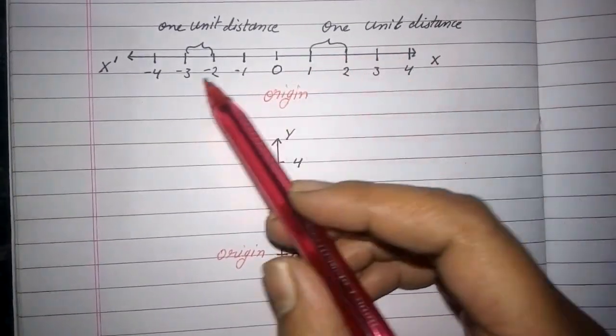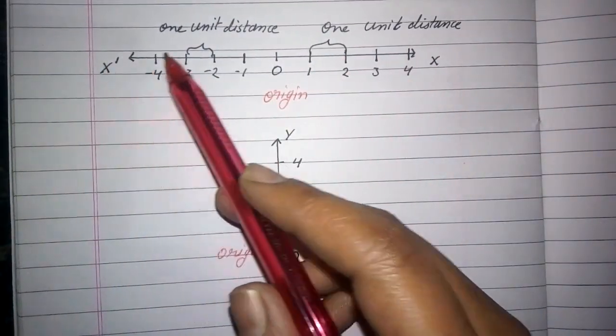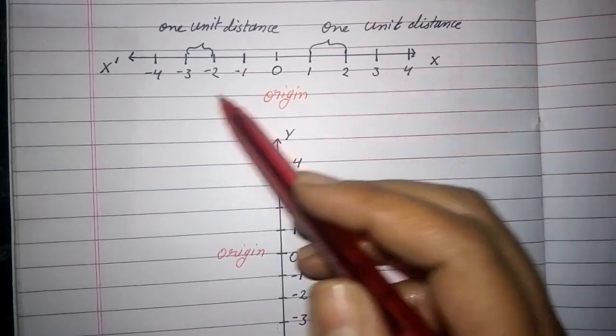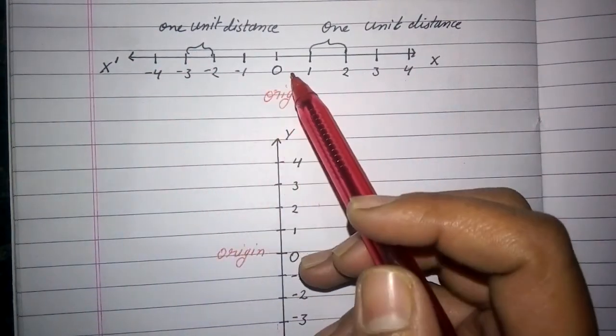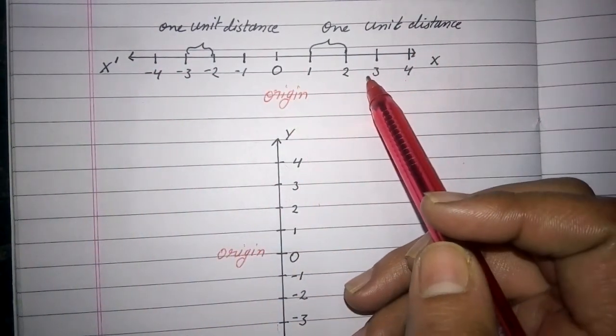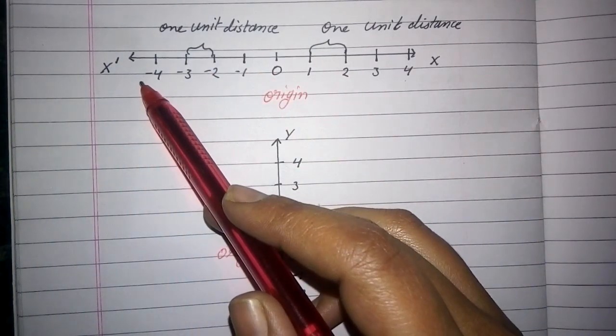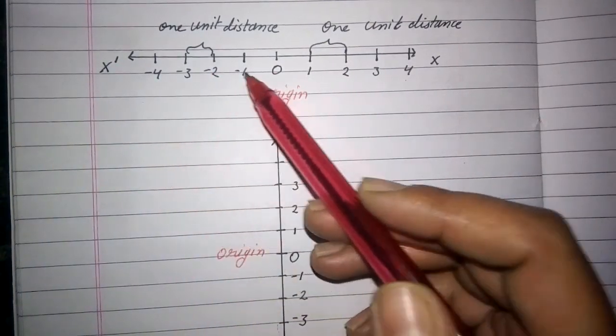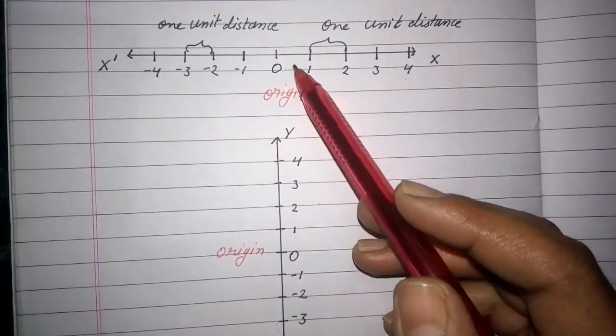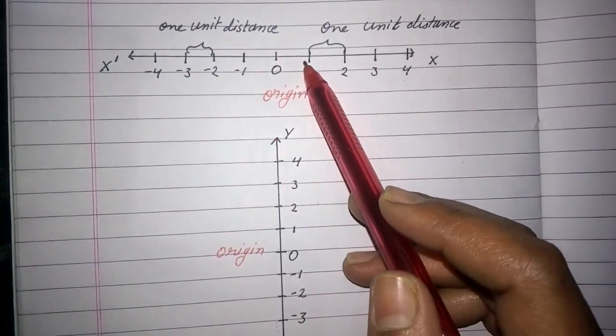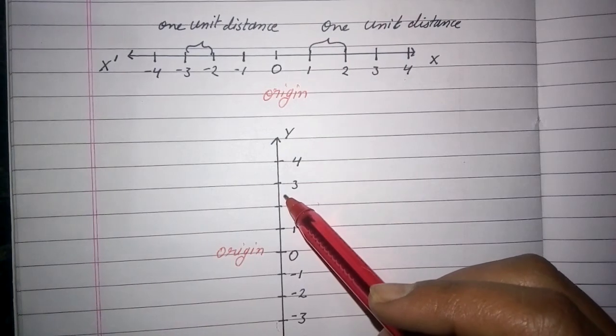Same here, this is the horizontal number line, so this is x dash. From 0 to x it is the positive x axis, and from 0 to x dash it is the negative x axis. This is the axis. This is the horizontal and this one is the vertical number line.